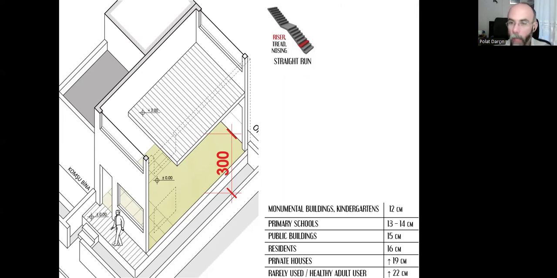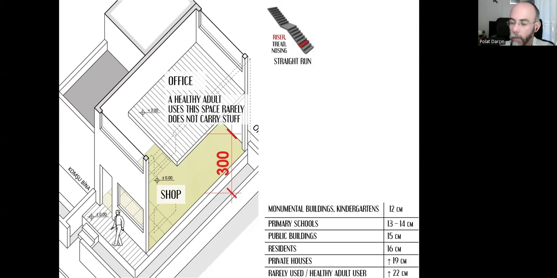activities. In our example, the lower level is a shop, the higher level is an office, and there is only one user. He's healthy, he's an adult, he's not a child, he's not an older person, and he uses this office space rarely, so it's not a very much used space.